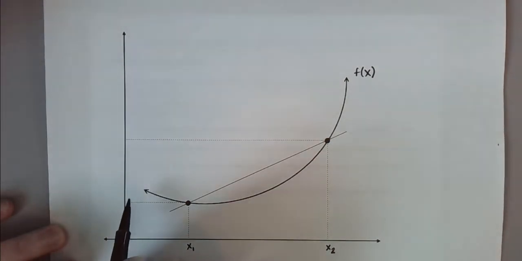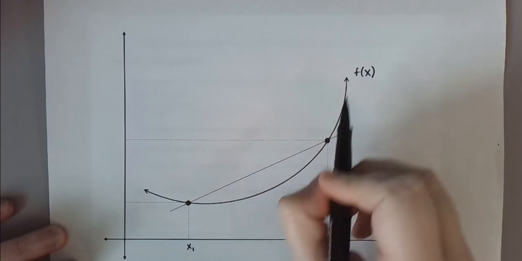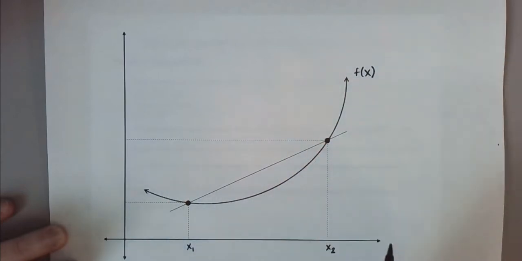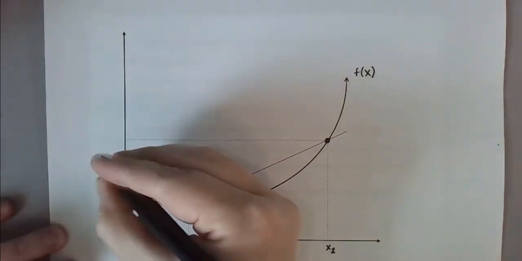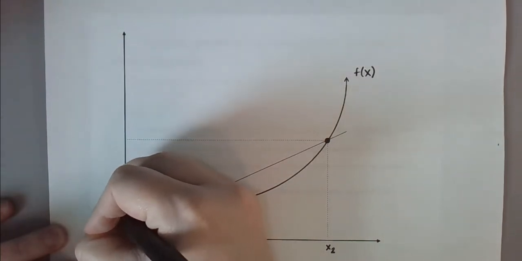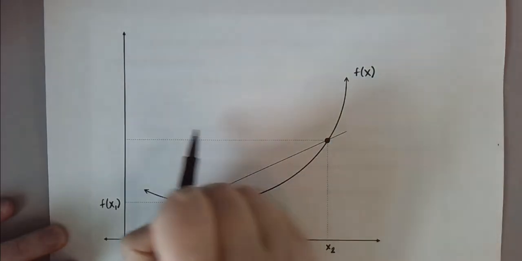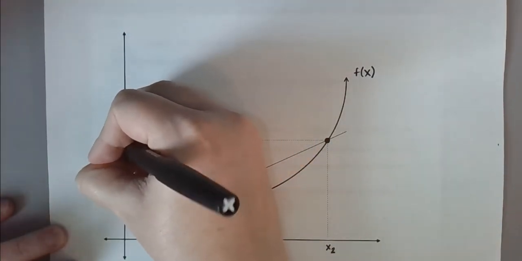Now we could also call this y1 and y2, but because these two ordered pairs represent points on the curve f of x, we can also label them using function notation. So if this is x1, then the associated output we could also call f of x1. And if this is x2, the associated output could also be called f of x2.